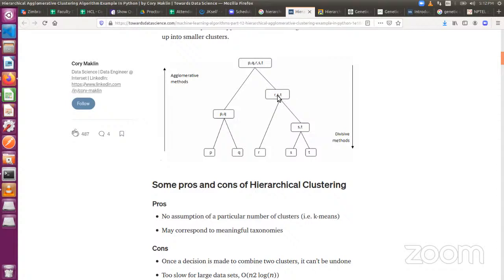In this cluster we have R, S and T. 3 points are there. And what would be the point of representation for this RST group? The midpoint of ST and R. The point which was representing ST, and R, the midpoint of these 2 points will be the overall point of consideration for RST.